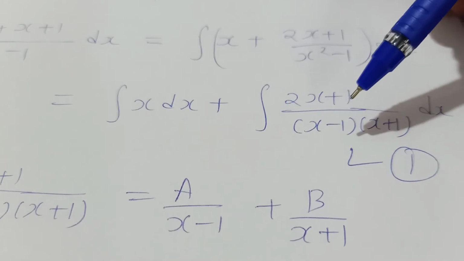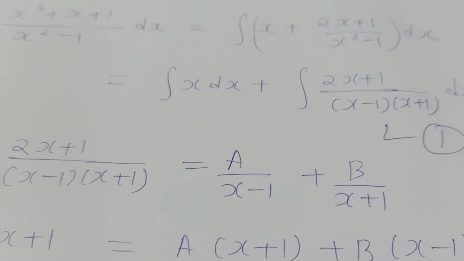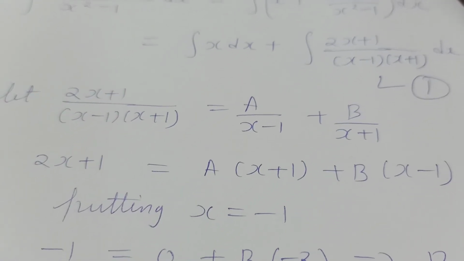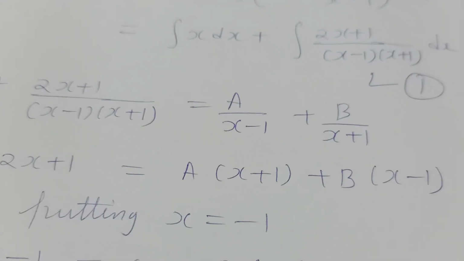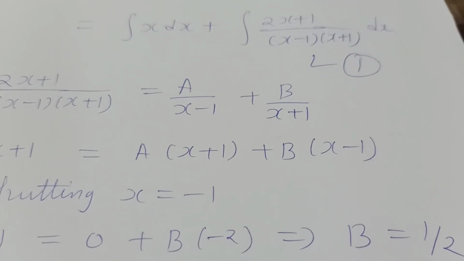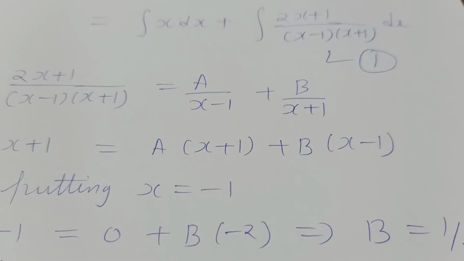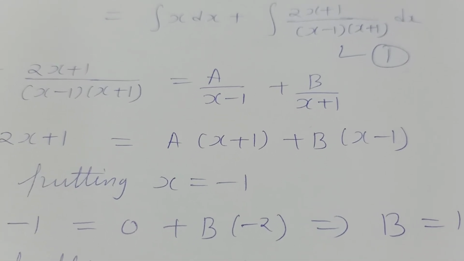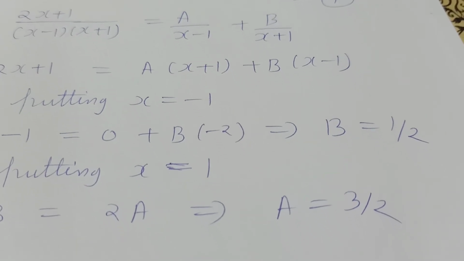So we will break this rational function as A upon x minus 1 plus B upon x plus 1. Then as you solved earlier, we will solve it: 2x plus 1 equal to A into x plus 1 plus B into x minus 1. If we put x equal to minus 1, then the term containing A will be 0, so we will get the value of B as 1 by 2. Similarly, we will get the value of A as 3 by 2.